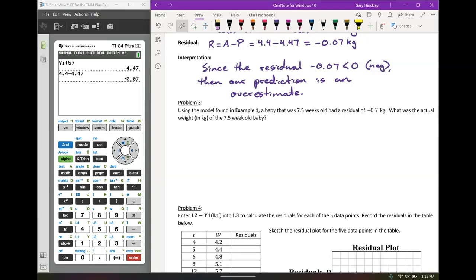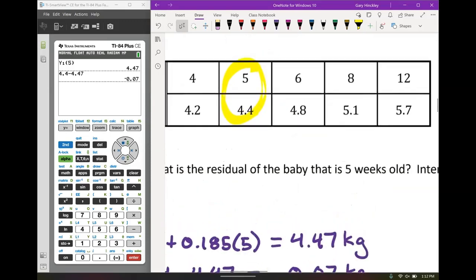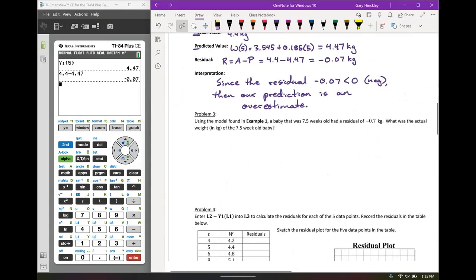So what was the actual value of the baby at 7.5 weeks old? We don't have that data. Our weeks go from 6 to 8, so I don't know that from my table. But since we are given a residual and we have our prediction equation, we can figure that out.